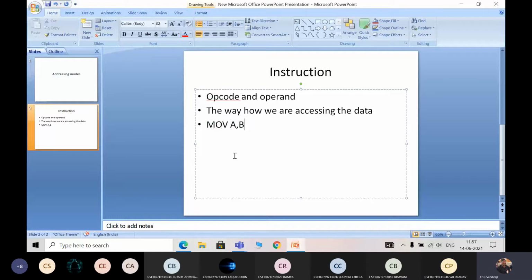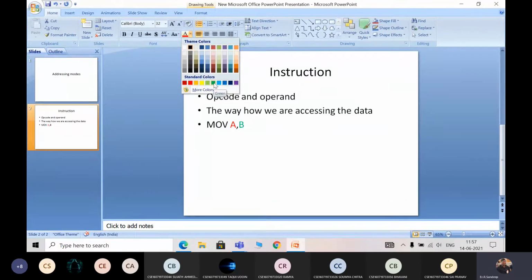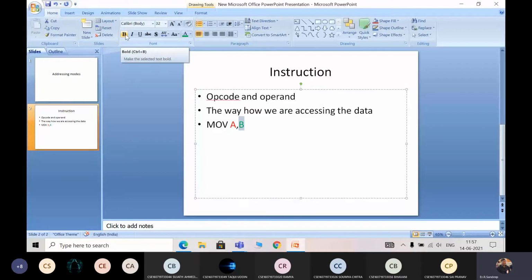In this instruction, MOV is the opcode, moving the data from the B register to the A register. The A and B have two different meanings: one is the source and one is the destination. One will act as the source and one will act as the destination.